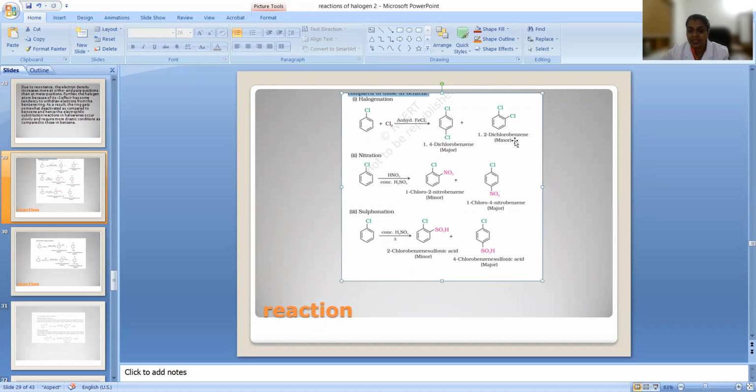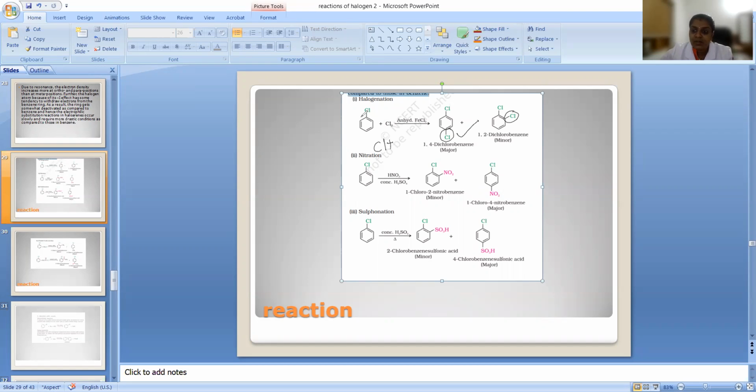Always the ortho product is minor and the para product is major. So here, which is the incoming electrophile? The incoming electrophile will be Cl plus. The mechanism is not needed, I am just telling you about the electrophile. So Cl plus is coming, Cl will be attaching here and here, and the major product is the para product.